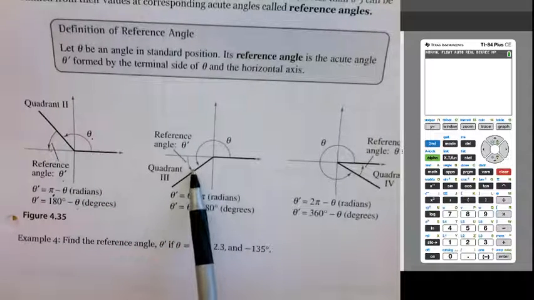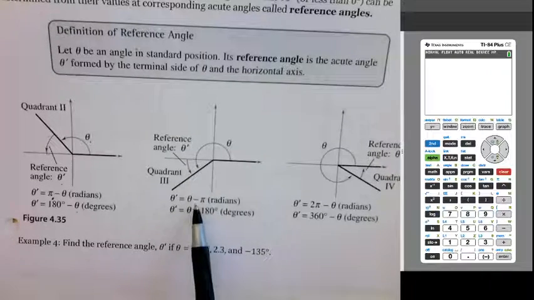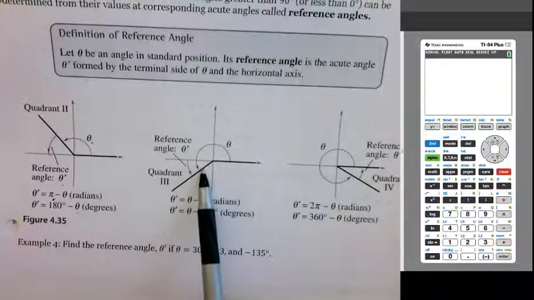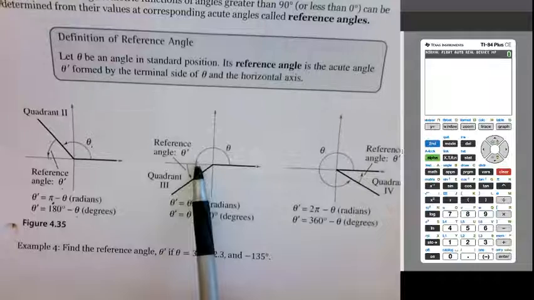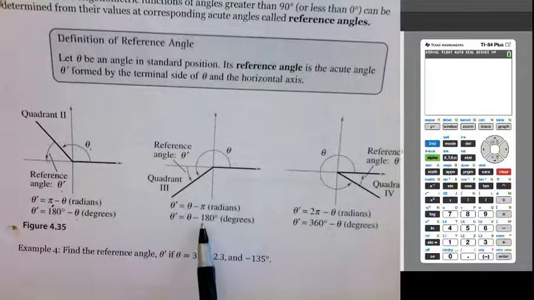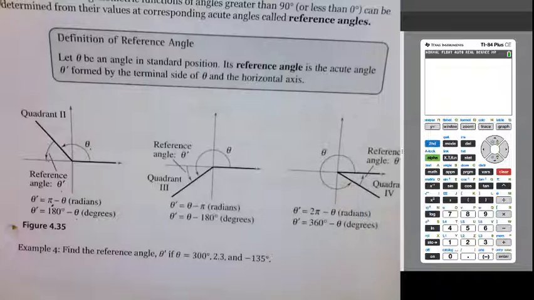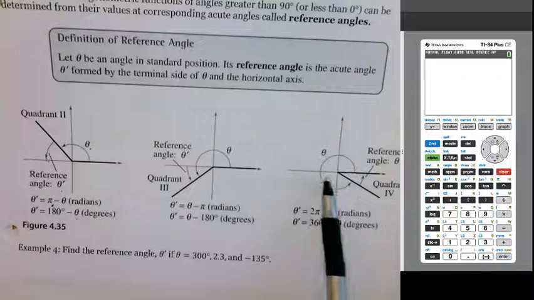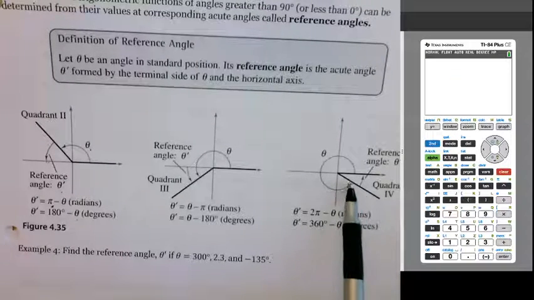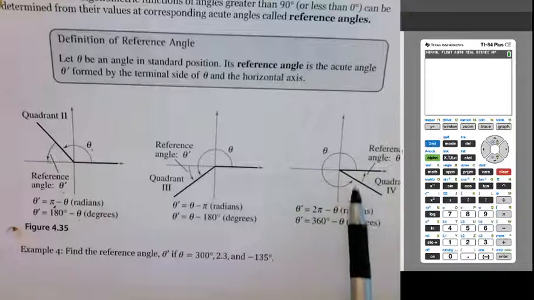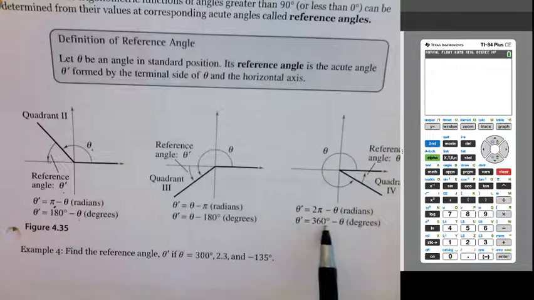Similarly, if you're in quadrant 3, to find the reference angle, you're going to take the angle given, take away the halfway point to find what remains. And that calculation is here. And the last one you can find by doing this. Instead of going the halfway point, if in quadrant 4, you have to go the full way around, which in radians is 2 pi, and in degrees is 360.